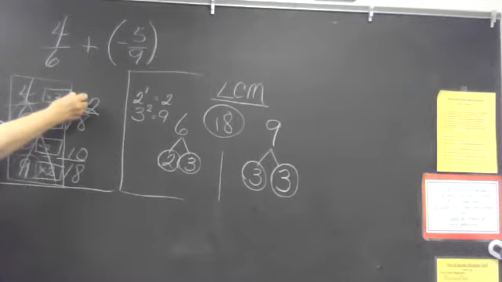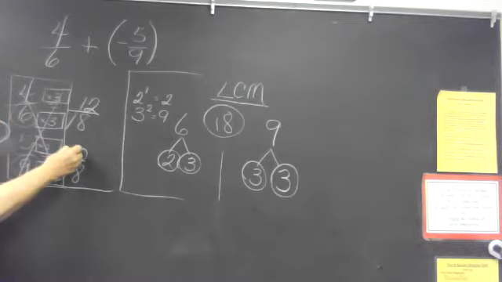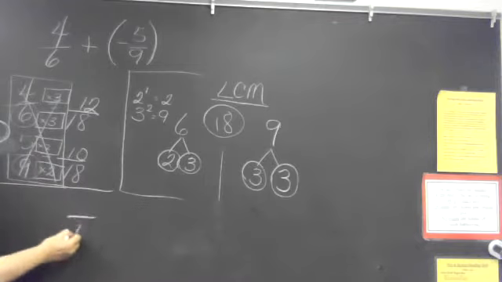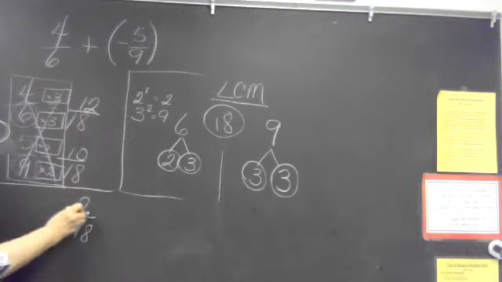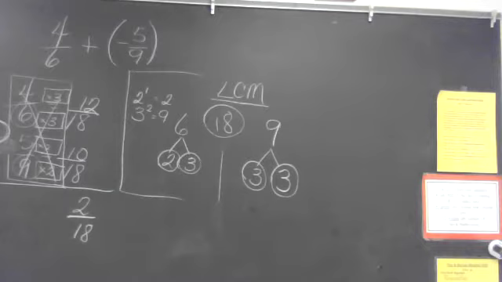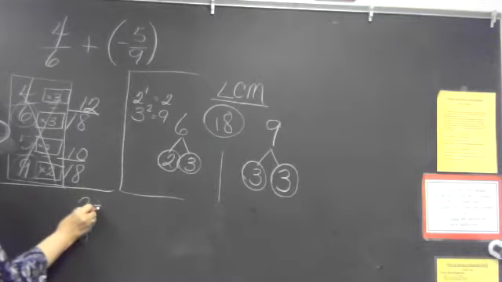So 12 minus 10, we know the answer is going to be 18ths because that was our common denominator, and 12 minus 10 is 2, which is a fine answer, but it's not the best answer because what? Because it can go lower, 2 will go into it, and so let's go to lowest terms.